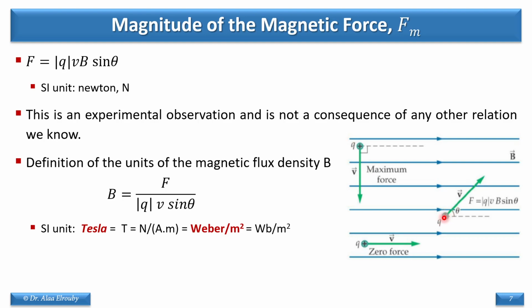If the charge does have an angle with the direction of the magnetic field, there will be no change in the component along the direction of the magnetic field, but the component perpendicular to the magnetic field will cause a component of force that is perpendicular to the screen.